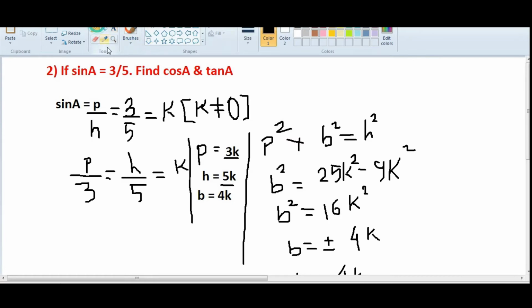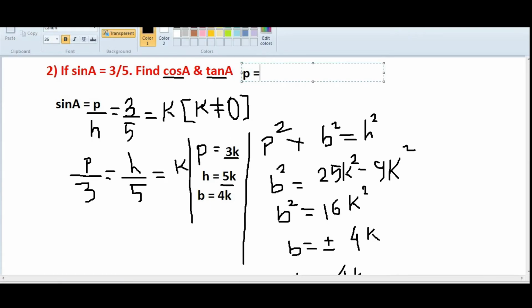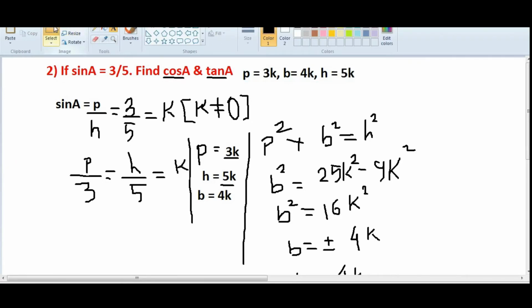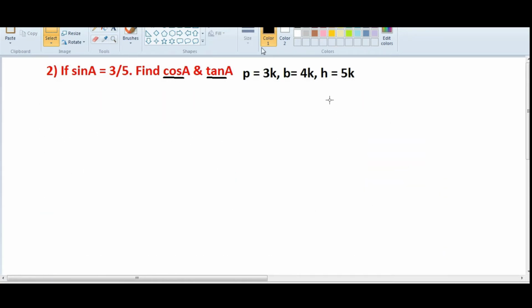Now the major portion of our sum is completed. We just have to find the value of cos A and tan A. So I'm erasing these portions and just writing the values: perpendicular is 3K, base is 4K, and hypotenuse is 5K. I'm erasing this portion to continue the further evaluations.